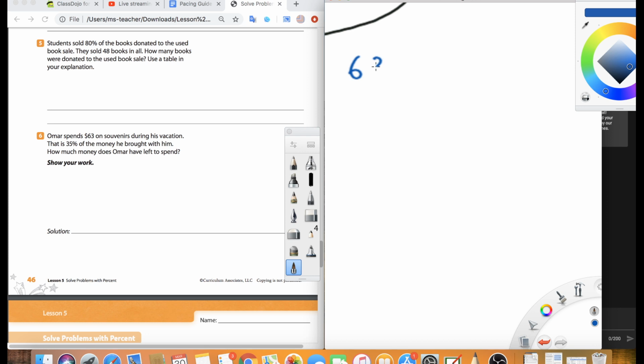So we're going to write our ratio, $63 to 35%. Now the tricky part here is, how do we get from 35% to 10%? The trick that I like using is not going to work here. When the trick doesn't work, it usually means you need to divide both sides by a number that is going to go into both of them.